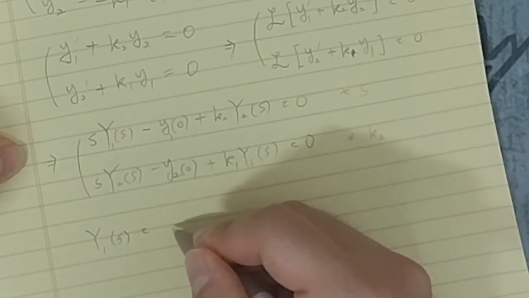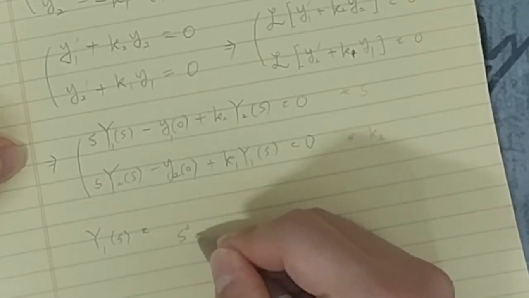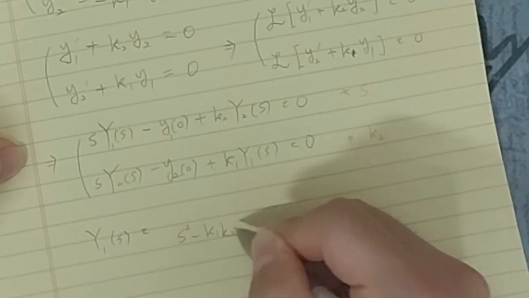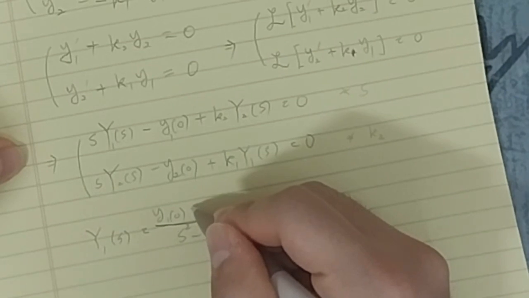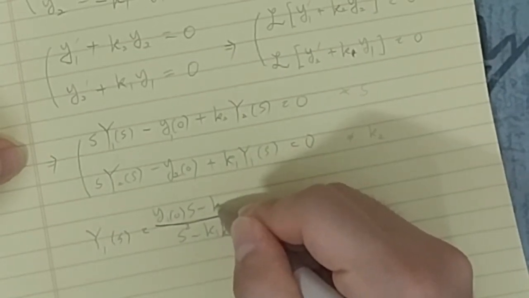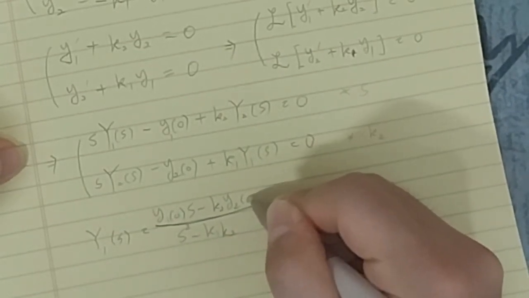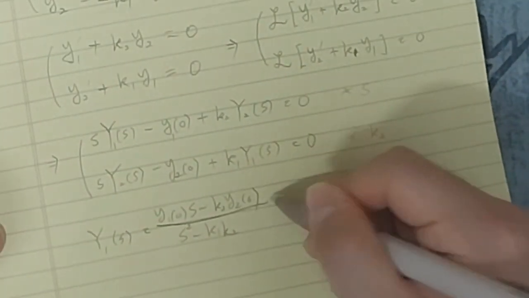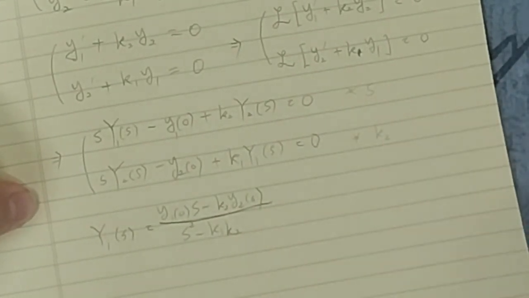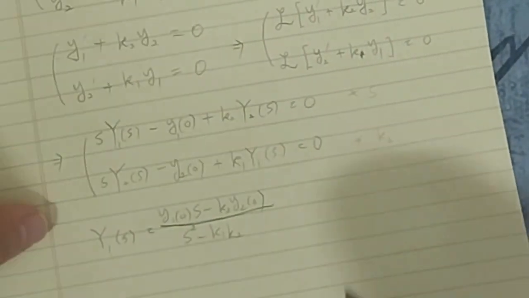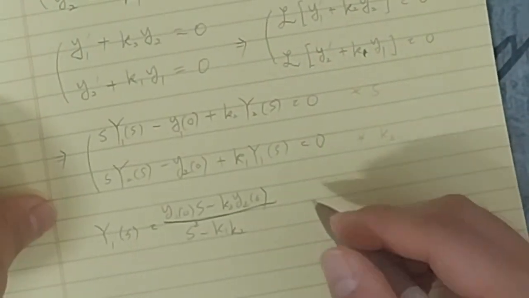To get y1 in terms of time t, we need to apply the reverse Laplace transformation. To apply that, we need to organize this term.